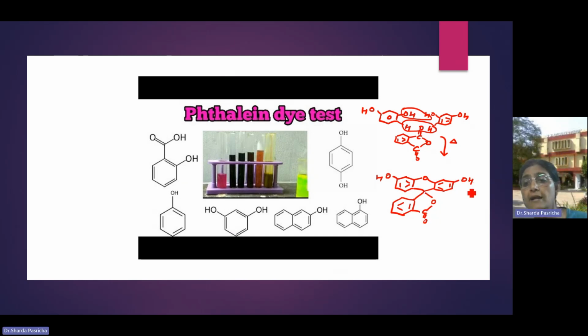And when you add alkali, this OH will ionize and form the corresponding oxide ion, the phenoxide ion. And then there will be a delocalization taking place like this. It will go from the benzenoid form to the quinonoid form, giving you that beautiful green fluorescence.